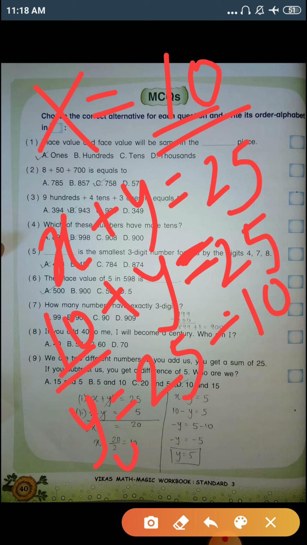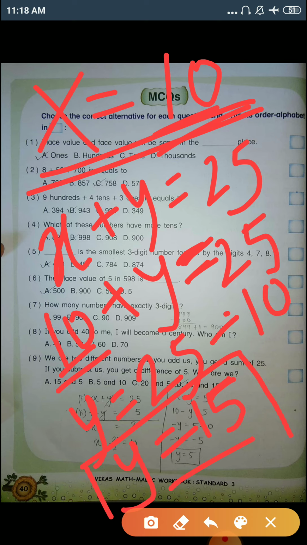So y equals 25 minus 10, which will give you 15. So our x is 10 and y is 15. Thank you.